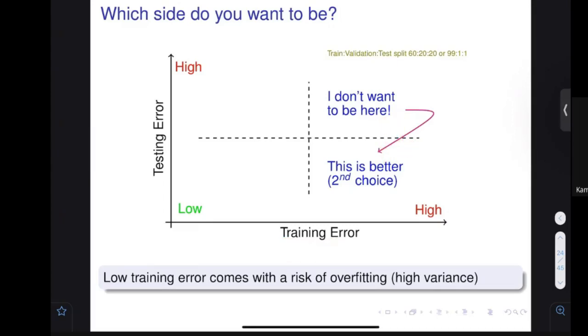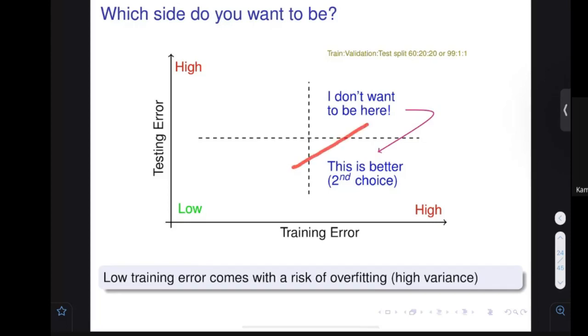You change your parameters based on training only, and since your training error is not reducing, you are not going to change your parameters, so you are not going to progress in this direction.